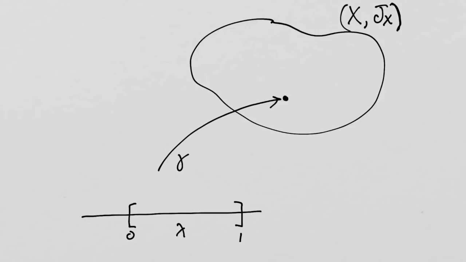And the first point, if we call this path gamma, the first point, of course, is gamma of 0. And then the path wanders somehow continuously in the space, and then the last point is gamma of 1.